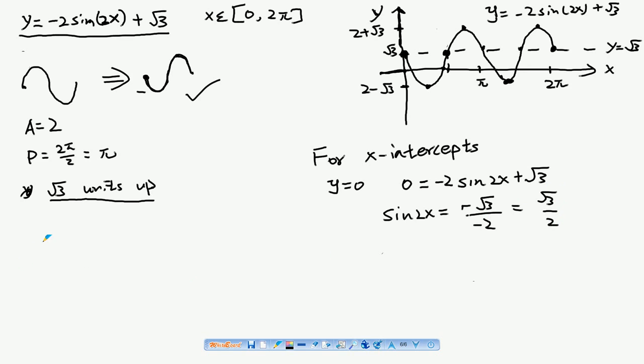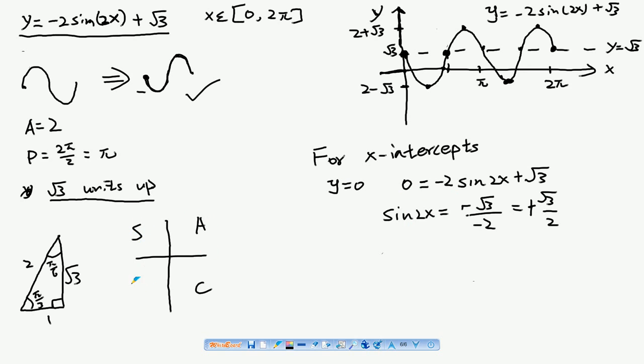Use our special triangles: I will have 2 here, 1 here, square root of 3, pi on 3, 60 degrees, and pi on 6, 30 degrees. I want the sine of an angle. We also have to use our unit circle, CAST, to find the x-intercepts.